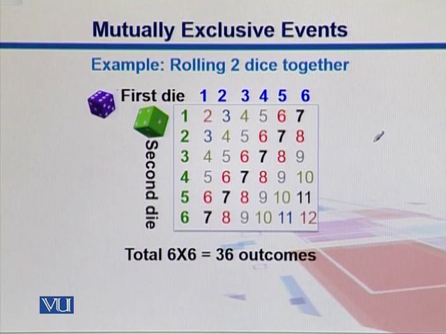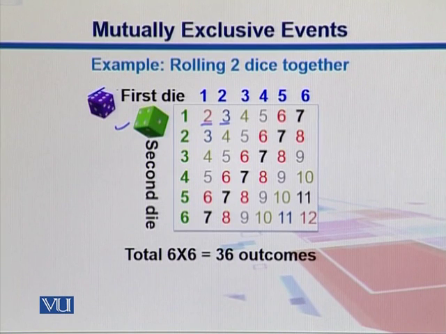So for example, from die 1, represented as blue here, and die 2, represented as green, if we roll them together and get 1 on both, we get a 2. If we get a 2 from the first die and 1 from the second one, we get a 3, and so on. So in total we get 36 possible outcomes.